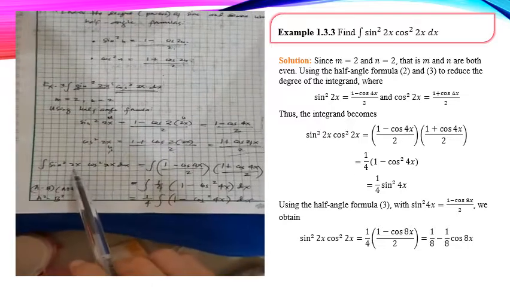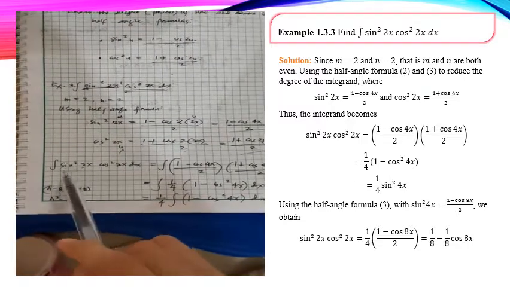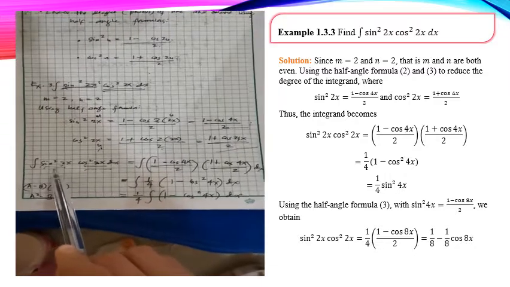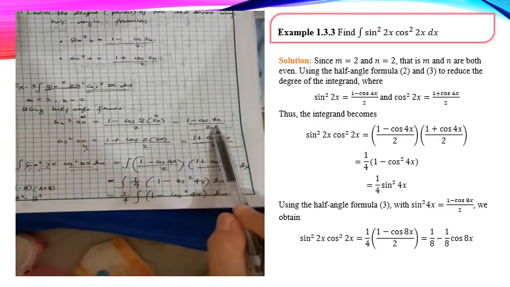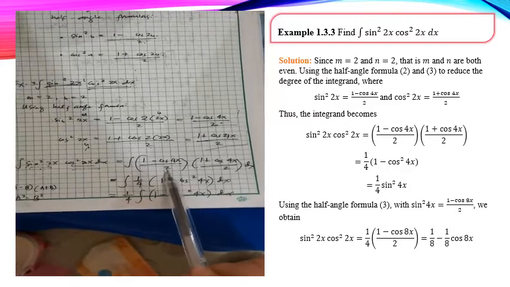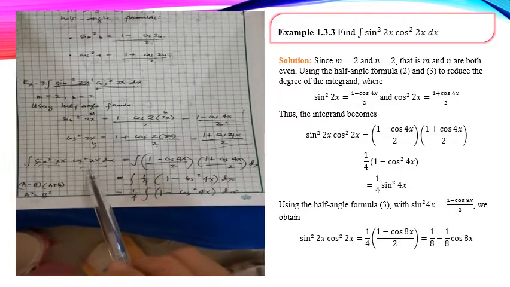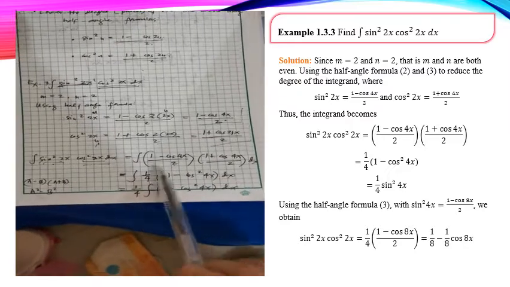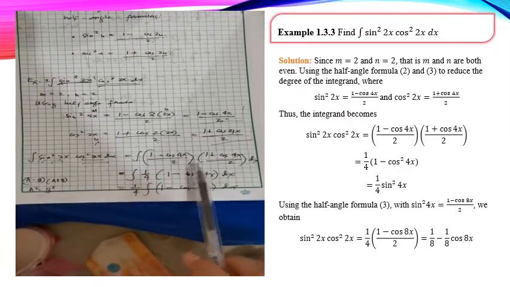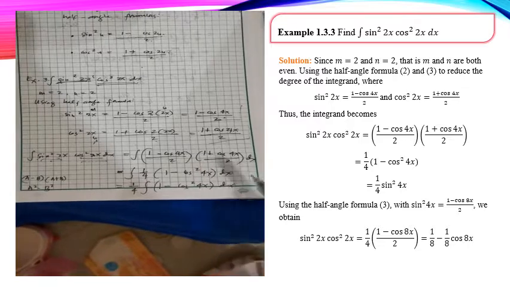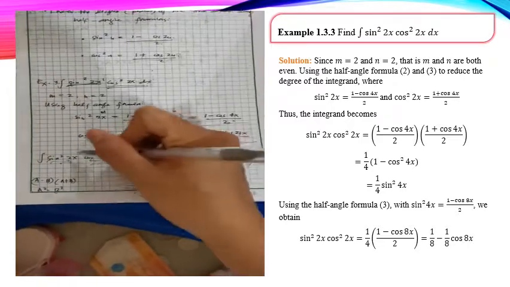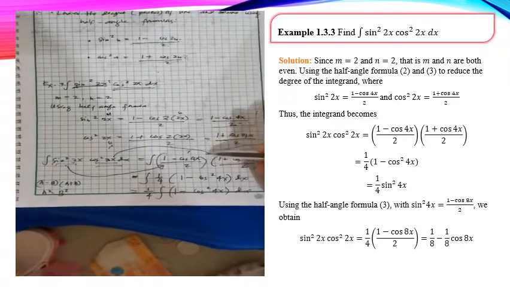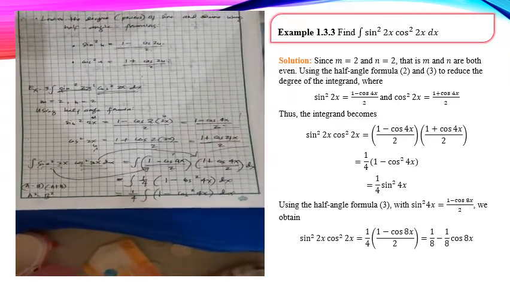Yung first na integrand, papalitan natin siya ng 1 minus cosine 4x over 2. And then, yung pangalawa naman, ang i-replace natin dyan is 1 plus cosine 4x over 2. So, that's why, naging 1 minus cosine 4x over 2 times 1 plus cosine 4x over 2.